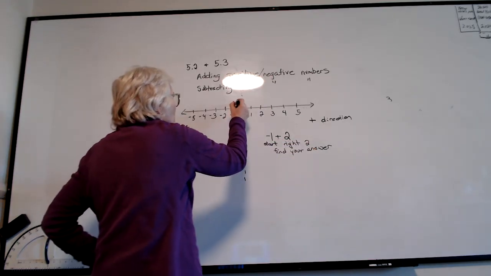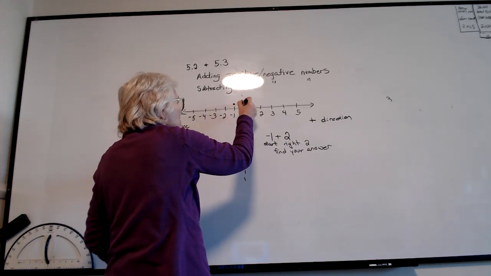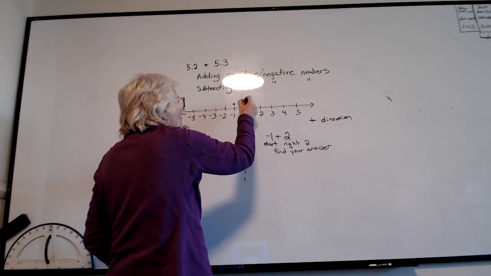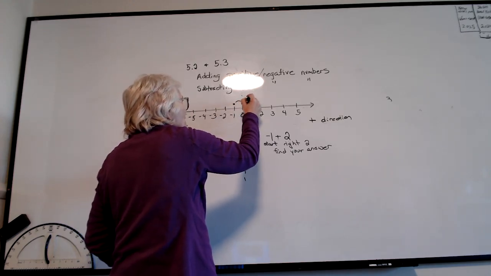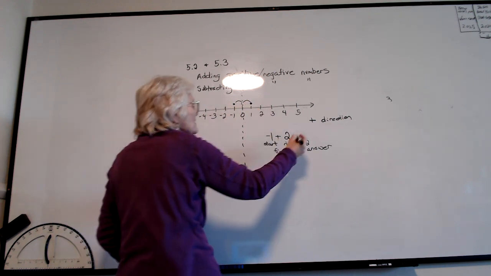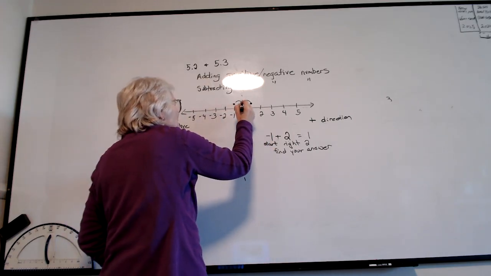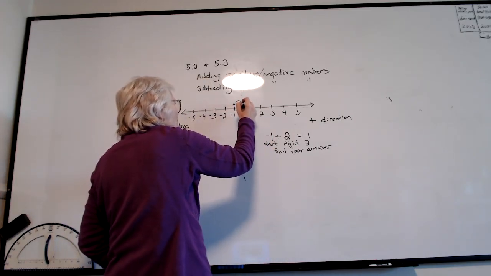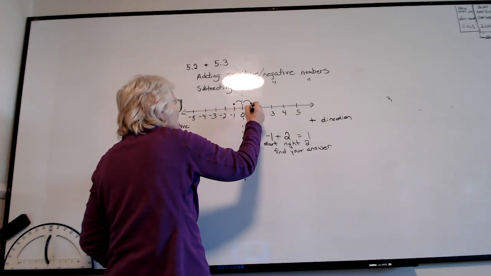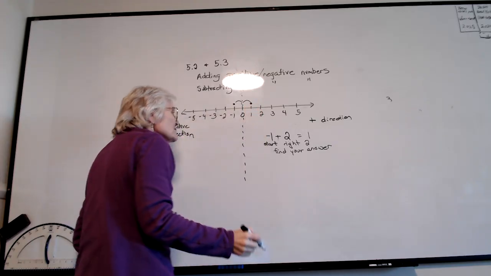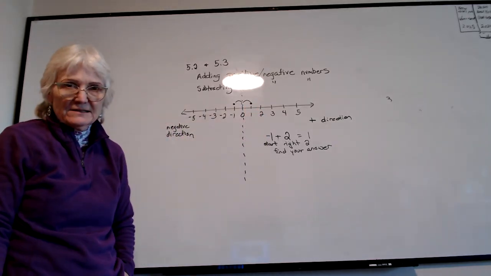If I go to the right once, I end up at 0. And if I go to the right one more time, I end up at 1. So the answer to this problem is 1. It took 1 space to get to 0, and then 1 space to get to the 1.